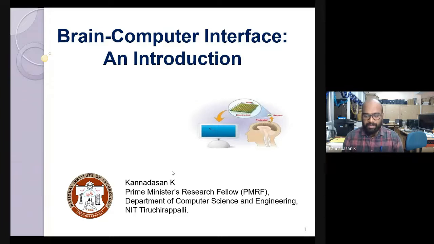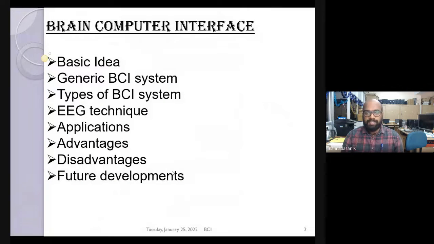To start with, what are the things we are going to see? The basic idea of what BCI is, BCI systems, types of BCI systems, and EEG, especially, which is a technique very useful for brain-computer interface, and applications, advantages and disadvantages. And we'll look at future developments where you can proceed with your research if you are interested in that particular domain.